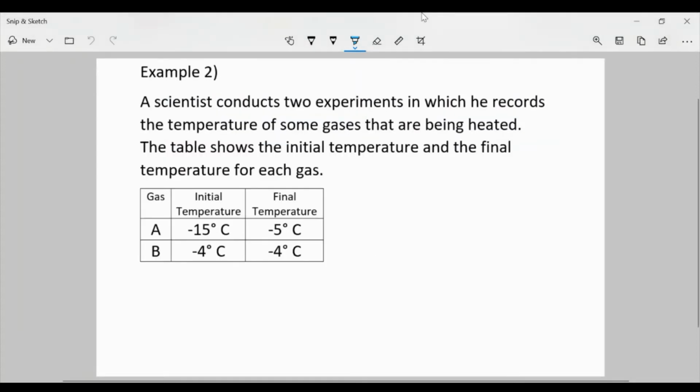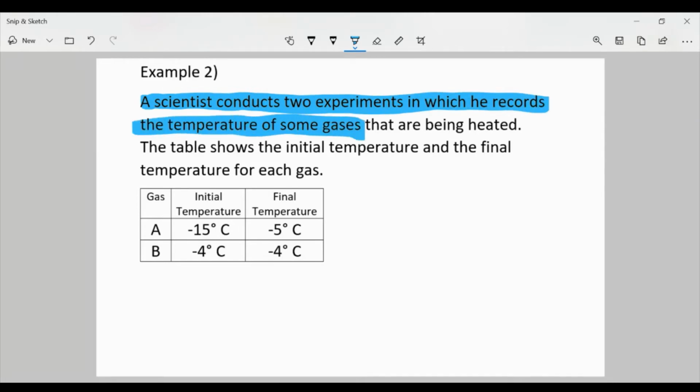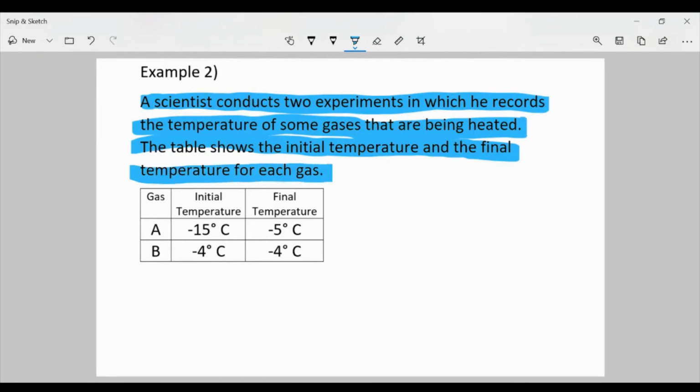All right, guys, so let's look at this last example on this video. Example number 2. A scientist conducts 2 experiments in which he records the temperature of some gases that are being heated. The table shows the initial temperature and the final temperature for each gas.